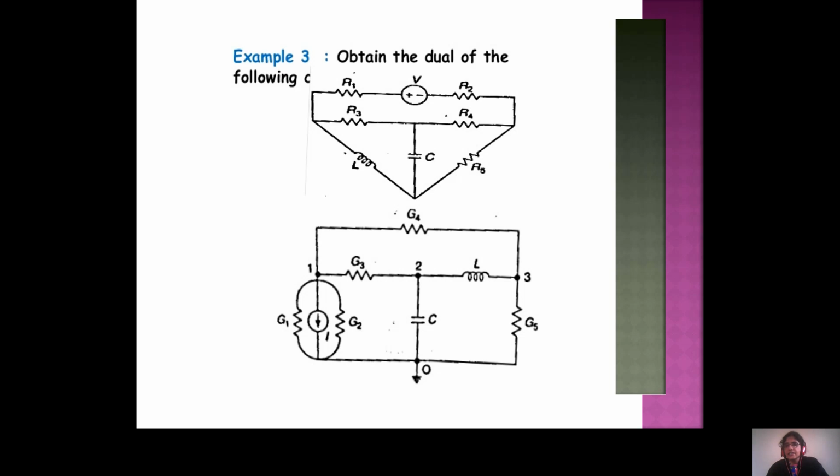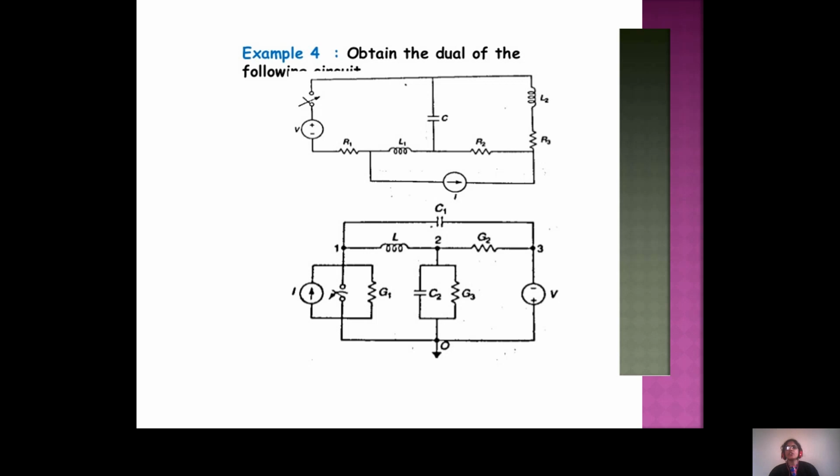Resistance converts to conductance. Capacitance converts to inductance, and the current source to a voltage source. Whatever is in series comes to parallel, and whatever is in parallel comes to series.